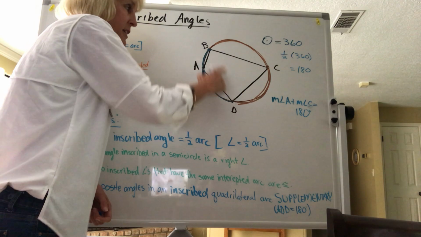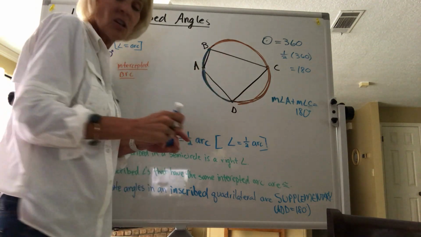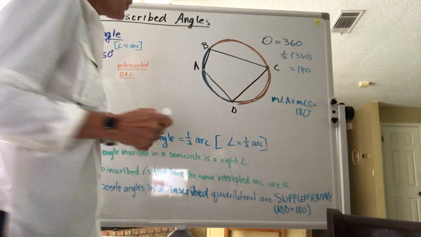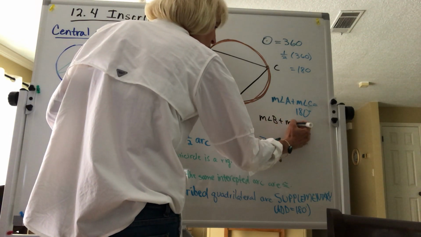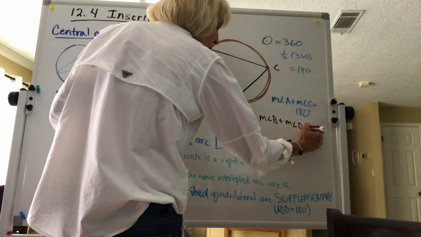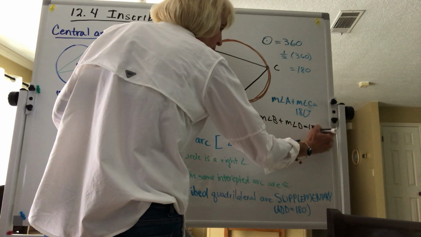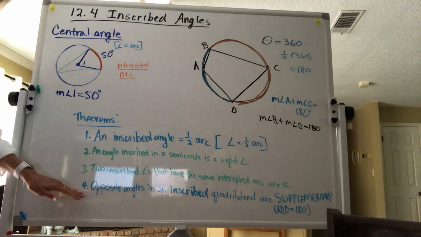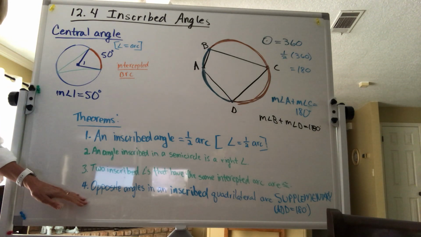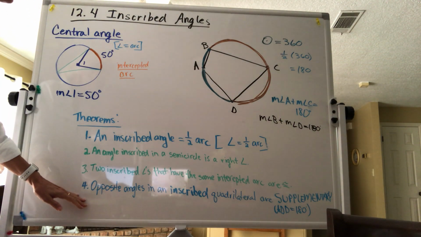B and D are opposite angles, so I could also say the measure of angle B plus the measure of angle D equals 180 degrees. And that's our last fact here in 12.4. Opposite angles in an inscribed quadrilateral are supplementary.